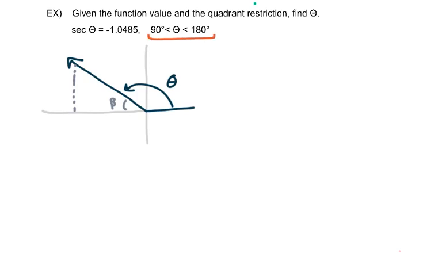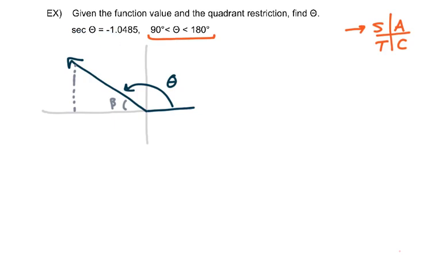Which quadrant are we in? Quadrant 2. Again, we think all students take calculus. That means sine and cosecant, its reciprocal function, are positive. So secant, which is reciprocal to cosine, is negative in quadrant 2.